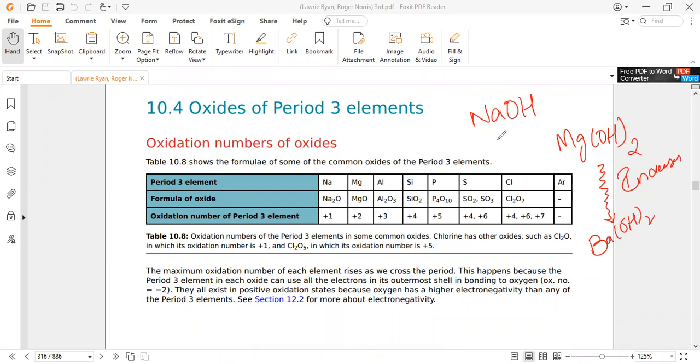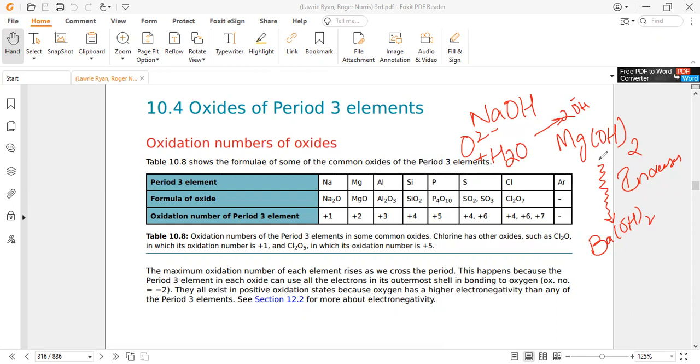So you have to remember the trend when the oxide, which is ionic in nature, dissolves in water. The first step is that the ionic lattice breaks and the cations and anions enter the solution, hydrated, especially the oxide ion O2-, which strongly hydrolyzes to produce OH- ions, which produce a strongly alkaline solution.